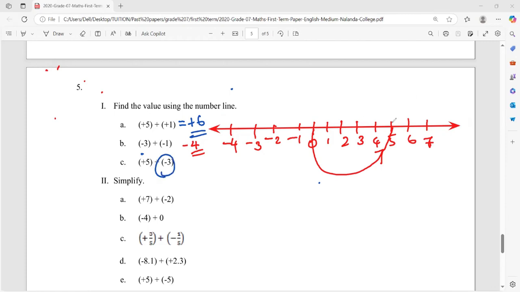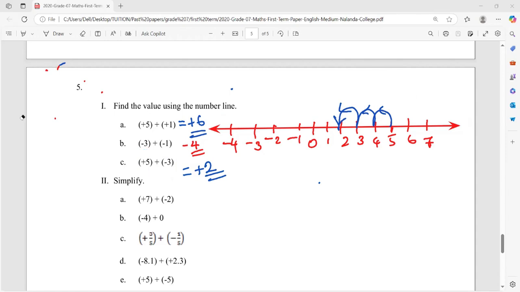So you have to go 3 steps to the left side. 1, 2, 3, just like this. Even if you don't have this line, you get the same answer. You start from positive 5, and then you go 3 steps to the left side, and you get the answer, which is 2. Positive 2 is the answer for part C.